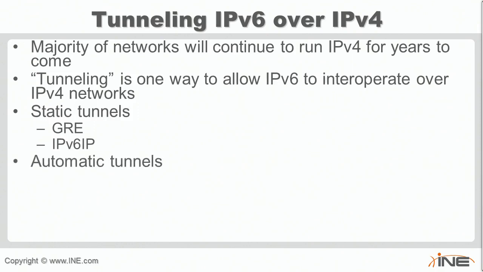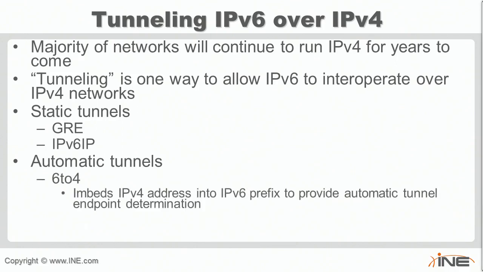There's also some ways to do this automatically. One of them is called a 6-to-4 tunnel, where we take our IPv4 address and embed this into the IPv6 prefix, or the IPv6 address. So basically, based on the packet's destination, the router figures out who is the IPv4 destination it's really going to. And this is one of the common ways to do this over the internet, because we would normally assume that if I'm sending traffic out to the internet, I have to have a unique IPv4 address to begin with.